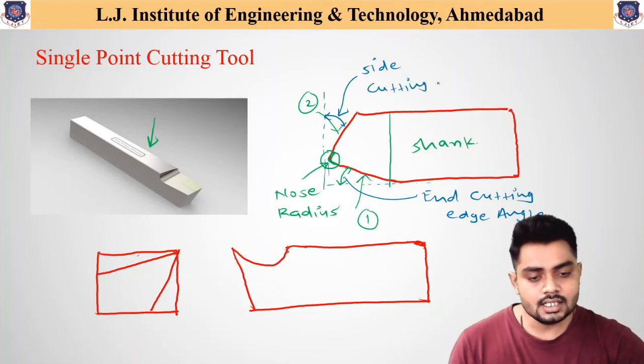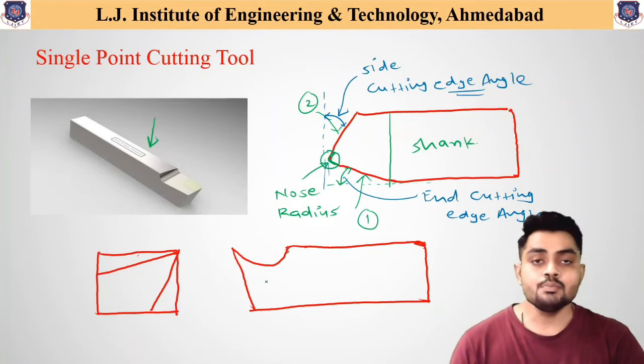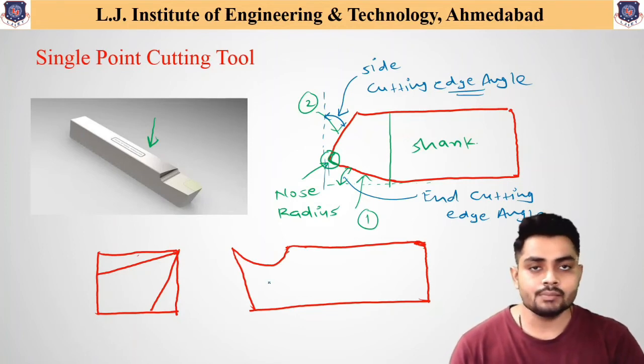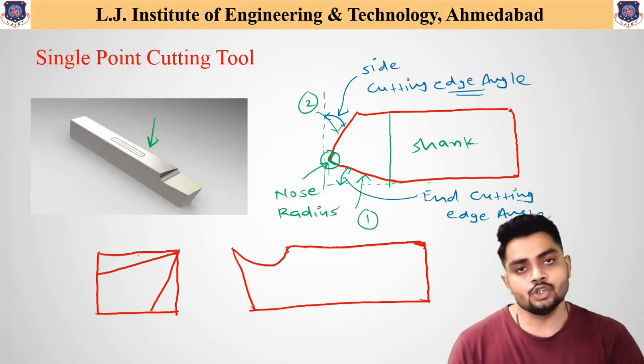So this is the side cutting edge angle. These are the main 6 important angles that one needs to cover to understand the single point cutting tool geometry.